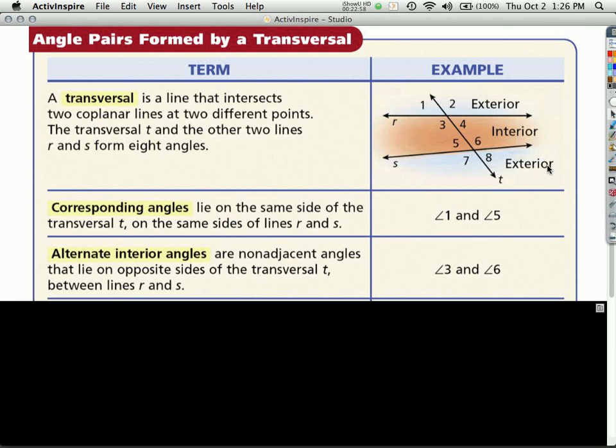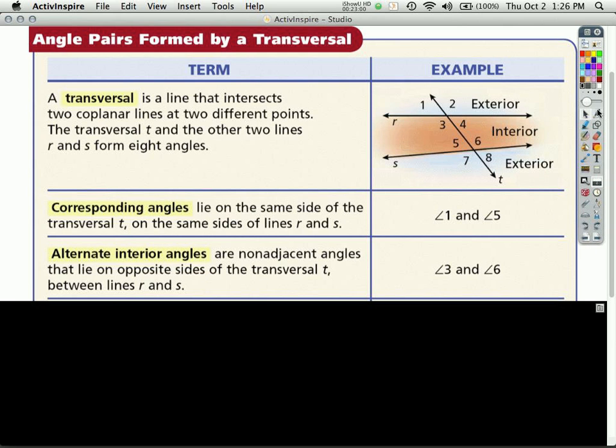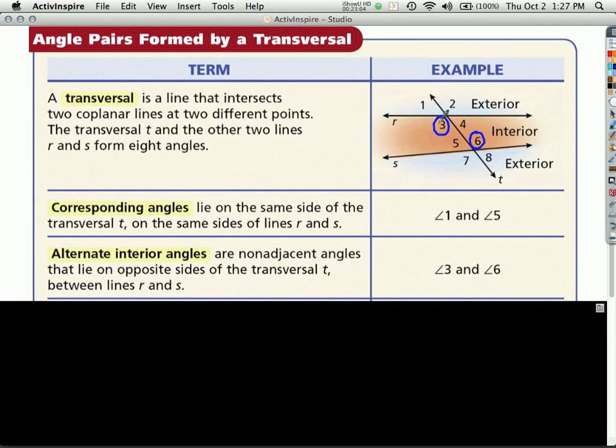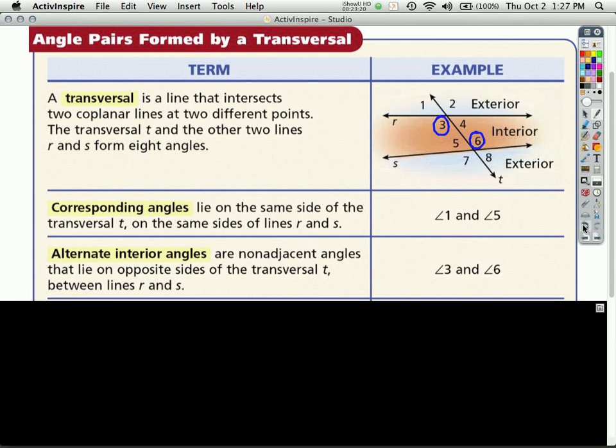Alternate interior angles. So we already see that 3 and 6 are alternate interior. They're on opposite sides of the transversal, and they're on the interior. 4 and 5 are alternate interior angles. Does anyone have any questions on alternate interior?